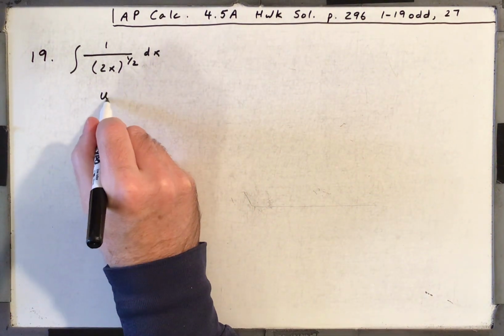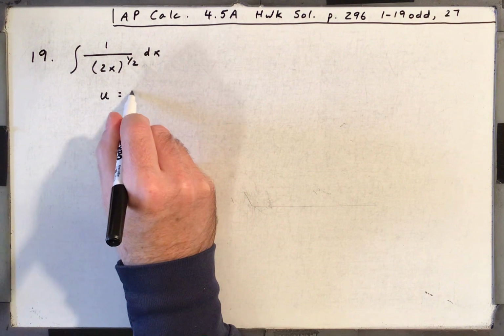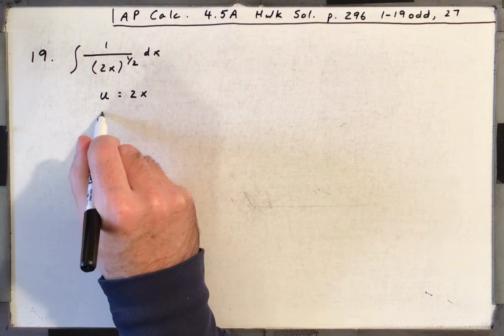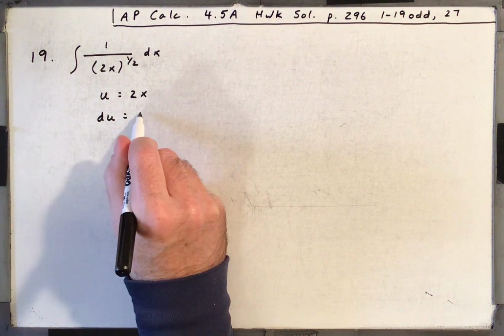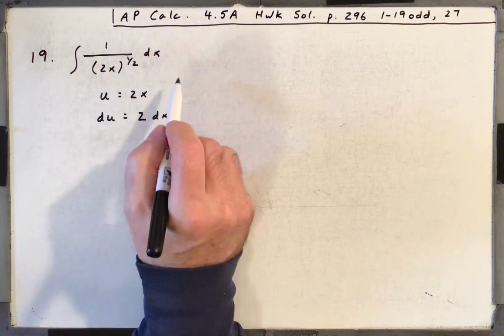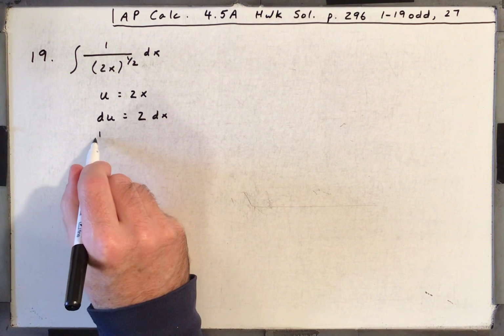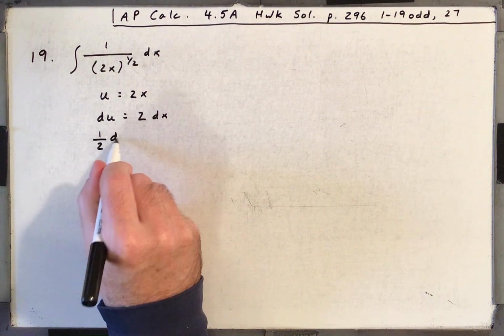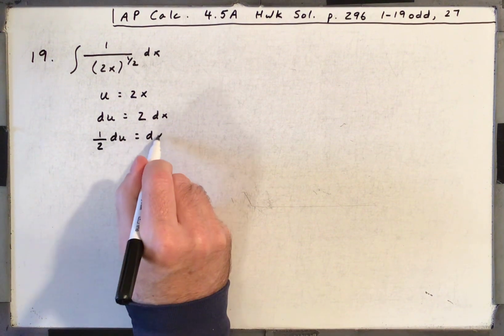So if we let u be 2x, then du is just 2 dx. I need it to be just 1 dx. So if we divide both sides by 2, I have half du is equal to dx.